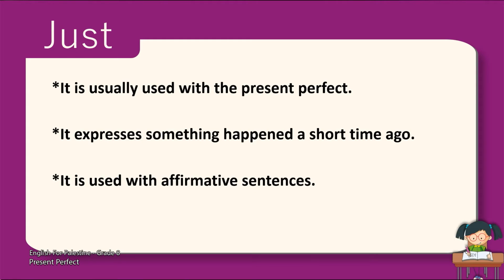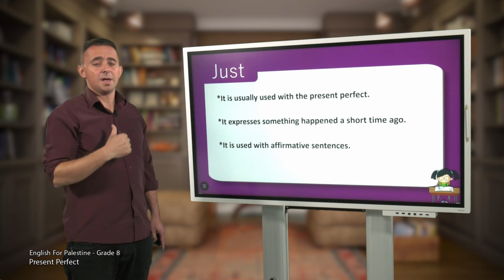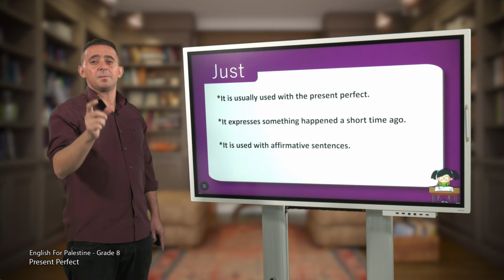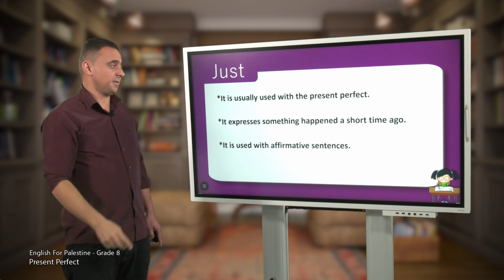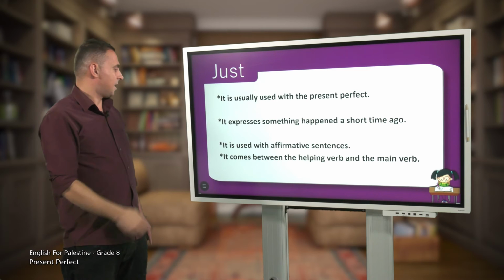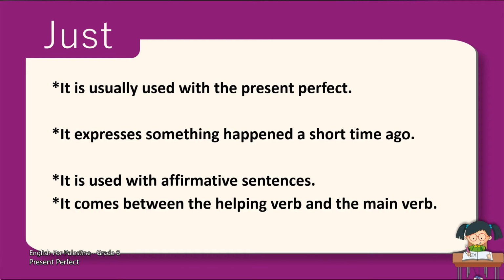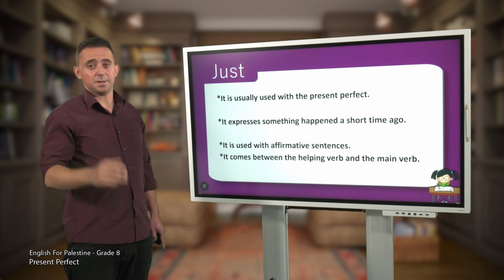What else? It's used with affirmative sentences, not negative sentences, as we have seen previously. We use just with affirmative statements, not negative. What else do we have? It comes between the helping verb and the main verb. So just comes in the middle between the helping verb and the main verb, or the past participle.